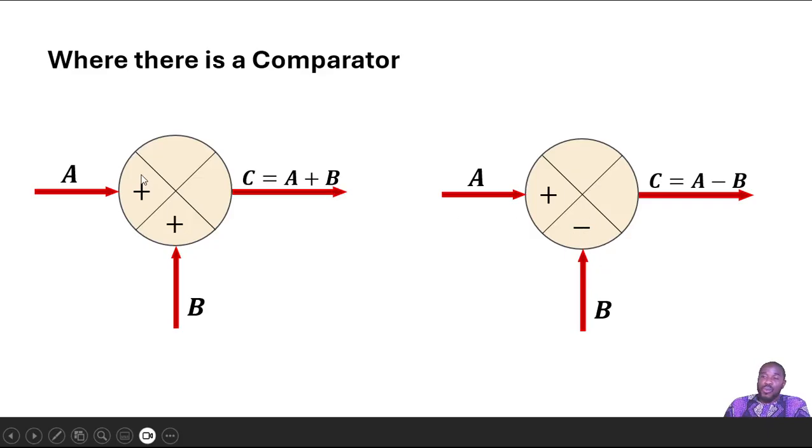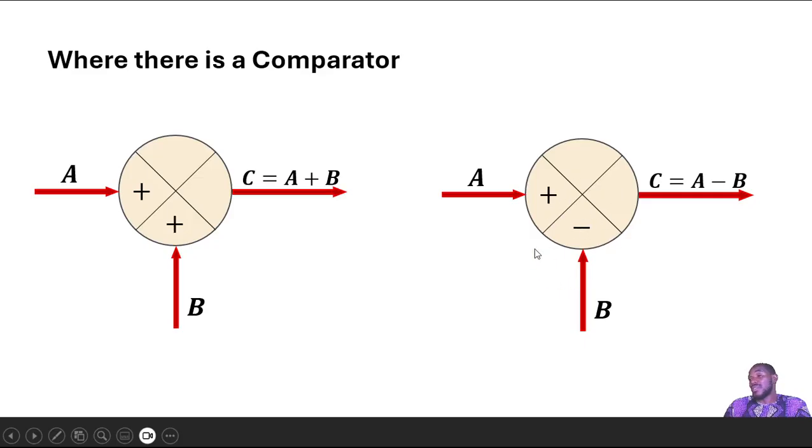What the comparator does is very simple. In this case, signal A comes in on the plus side, which means we are adding it. Signal B also comes in on the plus side. This is a positive comparator, plus, plus. So the output of the comparator is a summation of the two inputs, A plus B.